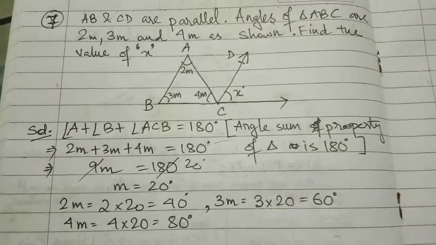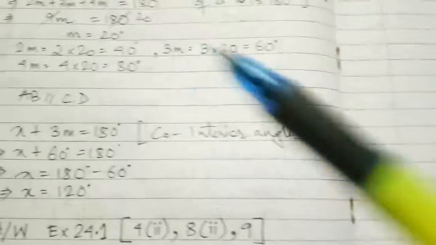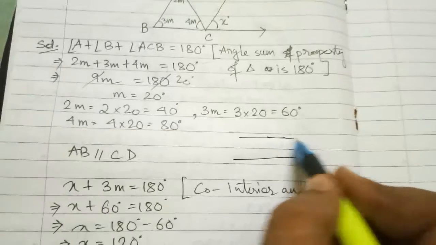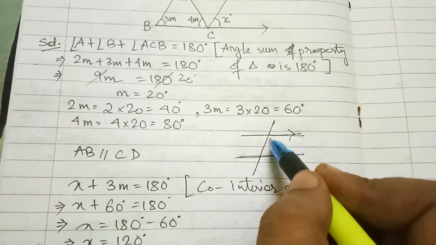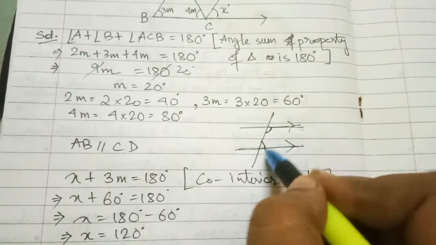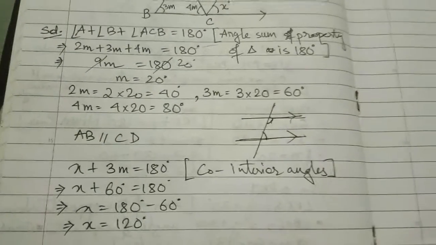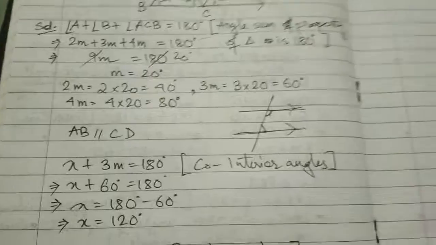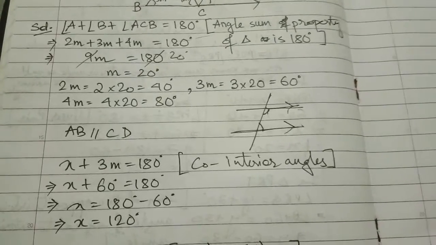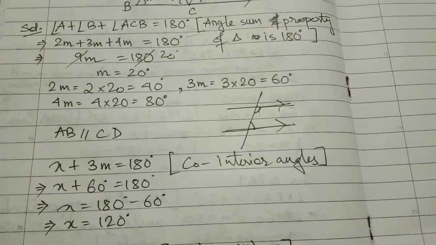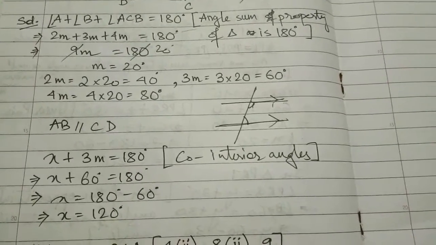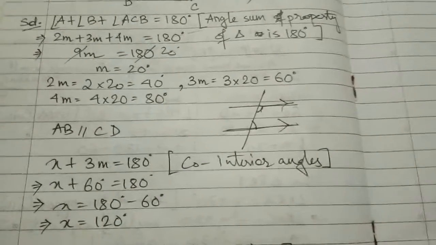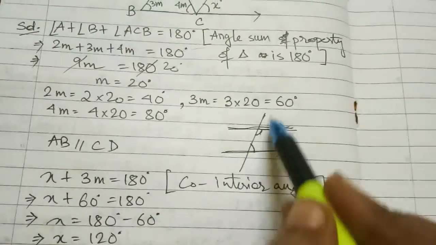Now to find the value of x, one more thing I want to show you, which you have done in lines and angles. These are two parallel lines. If I draw a transversal, this angle and this angle are actually called co-interior angles. The sum of two angles on the same side of the transversal is 180 degrees.